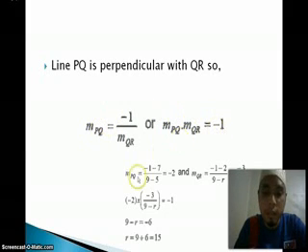We just substitute from the equation or data. First, we must find the gradient of PQ and the gradient of QR. Then we just substitute the values and we get r equals 15.